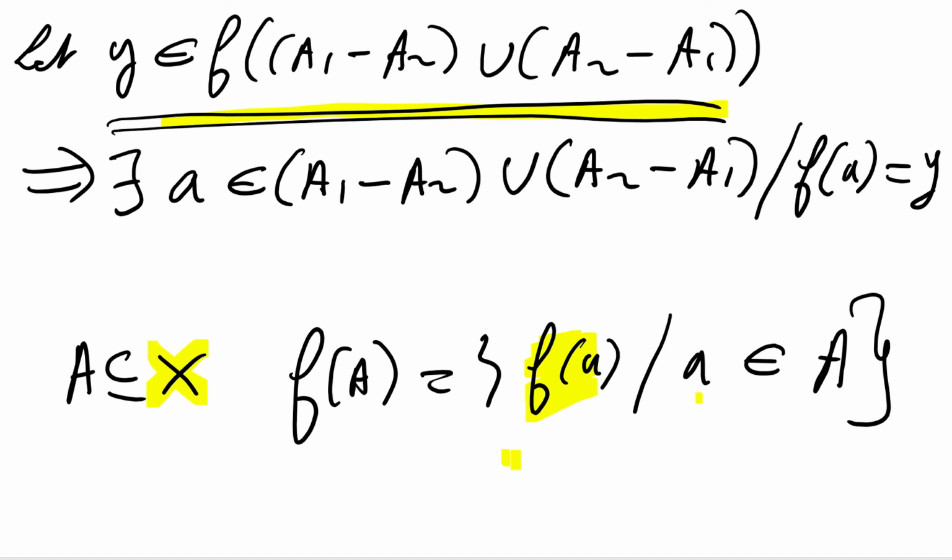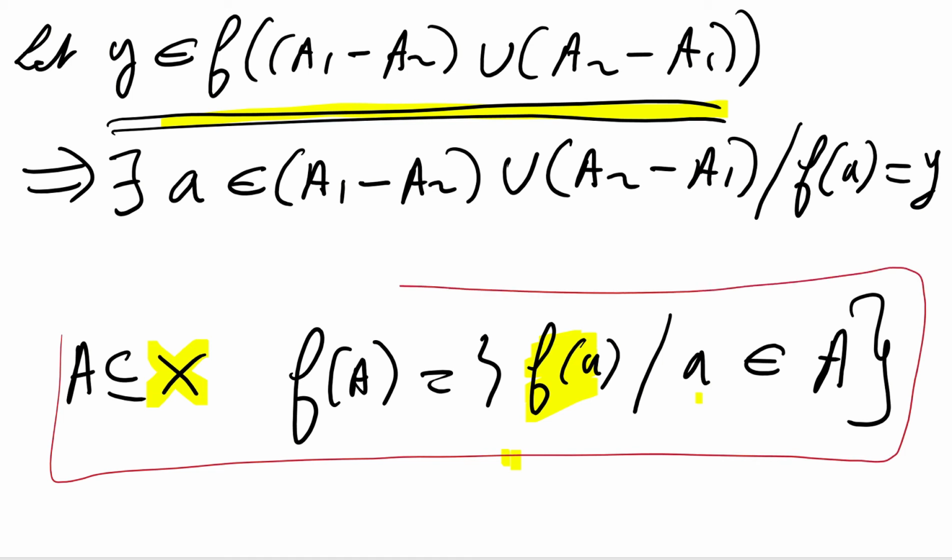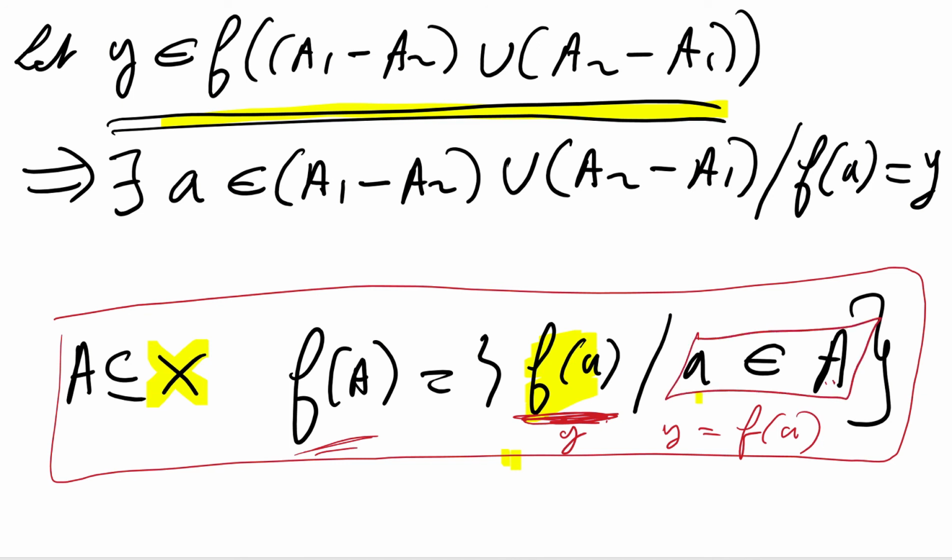When you look at this set, f of a is like my y here, because y is in this set, which is a set of f of a. So y is part of this set, and y equals f of a because a is part of the subset of that set.